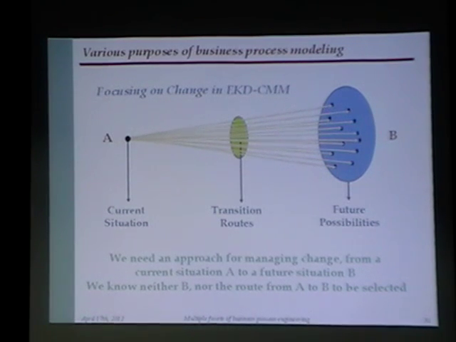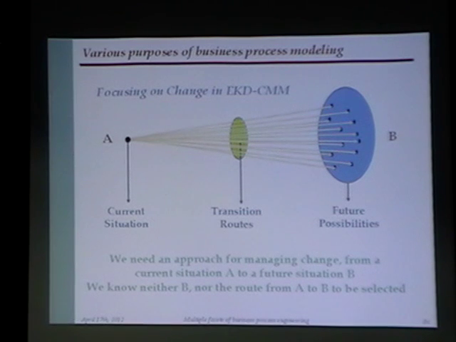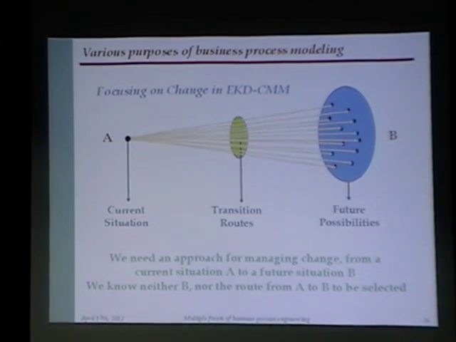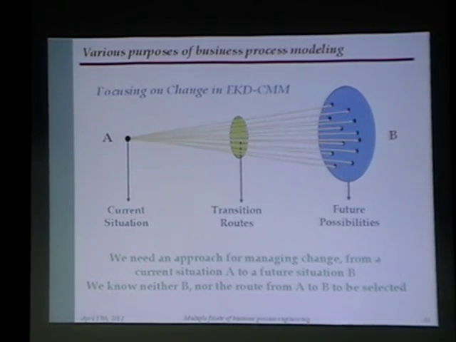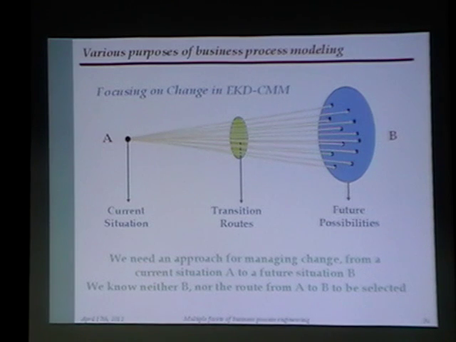So among the purposes of business process representation, we can have this first one, which is creating a new system, but we can also have the purpose of understanding an existing system. When you have a software application, and you should make some evolution of this software application, and you don't have any documentation of it, what can you do?